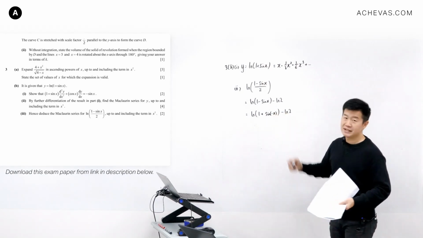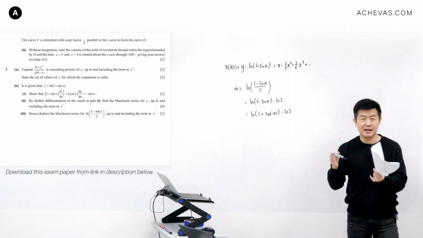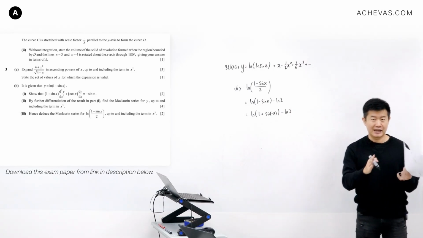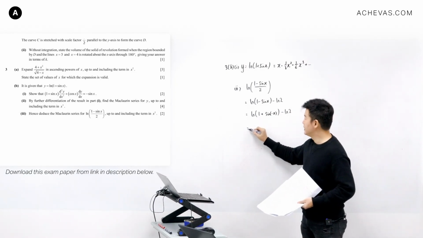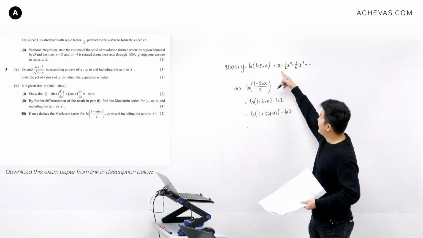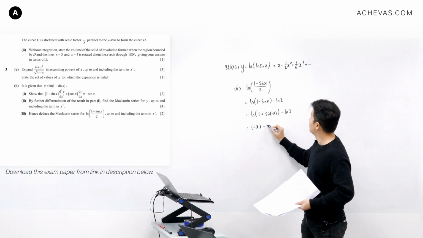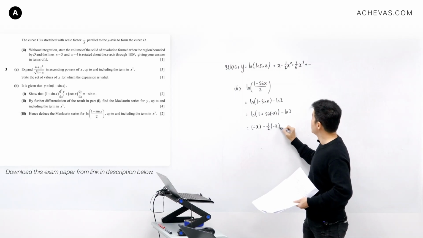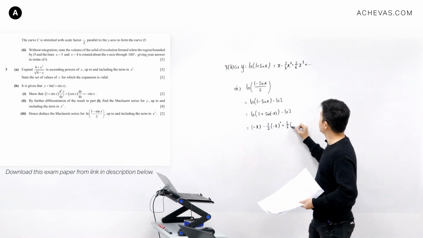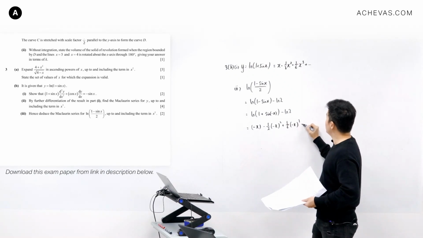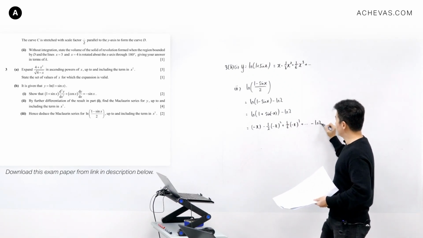This was what we have learned in our secondary school. Minus sine x is equal to sine of negative x. So this is going to be now this, where x is going to be replaced by minus x. So it's going to be minus x minus 1 over 2 times minus x squared plus 1 over 6 times minus x to the power of 3, and all the way until infinity, minus ln 2.